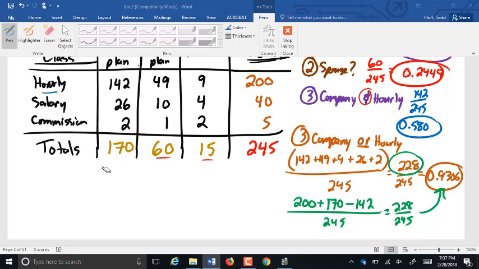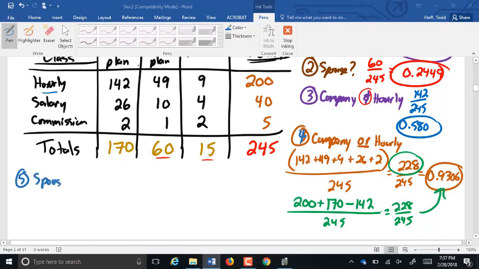So let's say here we are going to calculate the probability that a randomly selected employee is on a spousal plan given that they are salary. The word given means we know something about them. What comes after that word is what we already know. So what do we already know about this person? They're on salary.